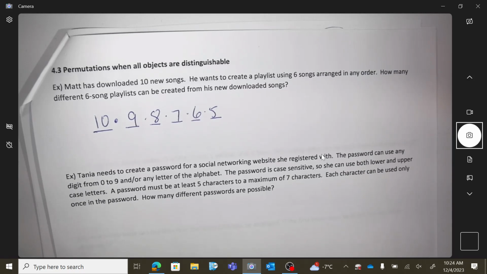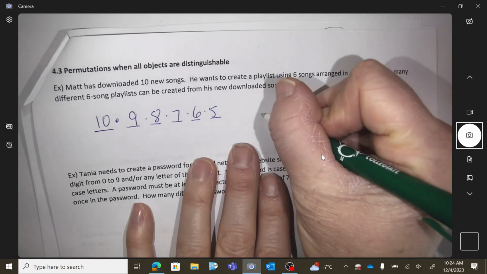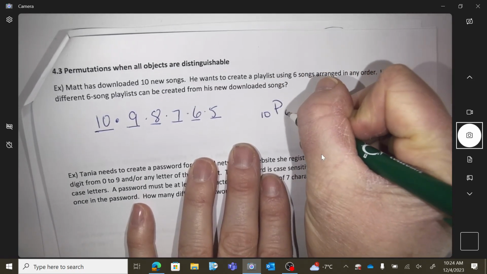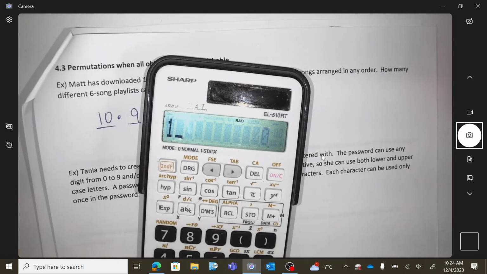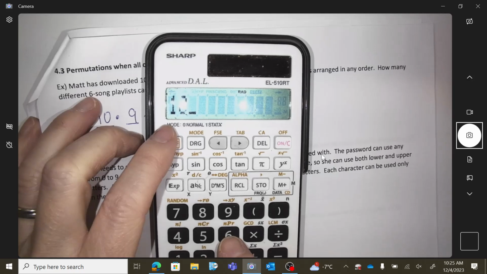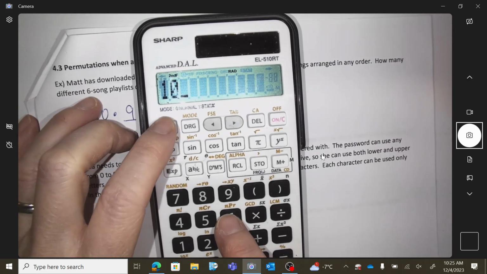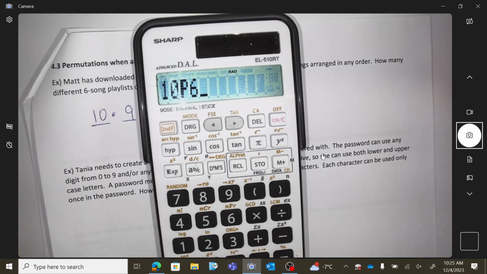Okay. You can type that into your calculator, but this is what that is. You had 10 options and you're arranging with 6. Okay, so this is, for me, easier to type in my normal calculator because I just go 10 and then there's this button right here, second shift 6, like that. Okay.